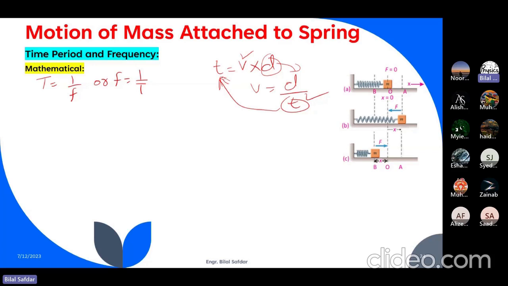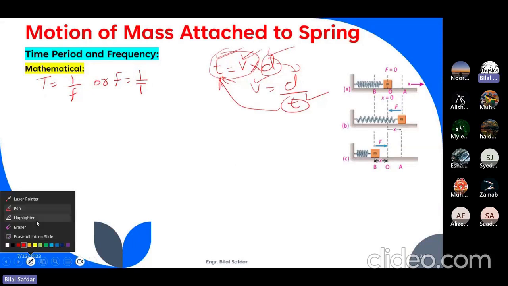Here there will be more confusion. Should we find velocity or time? Distance we have to measure, but there are two unknown factors. Number one is velocity and number two is time. How can we find these two things? Okay, we have to use just a formula.